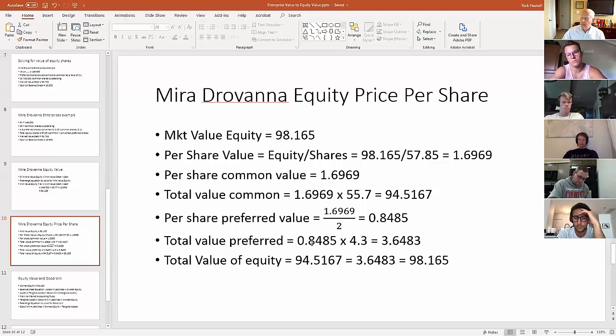We can now take that 85 cents times the 4.3 million actual preferred shares outstanding. It takes us to a preferred share total value of 3.64. And we can add then the total value of the common to the total value of the preferred, and it gives us the total value of equity of 98.165, which is exactly what we calculated to begin with.